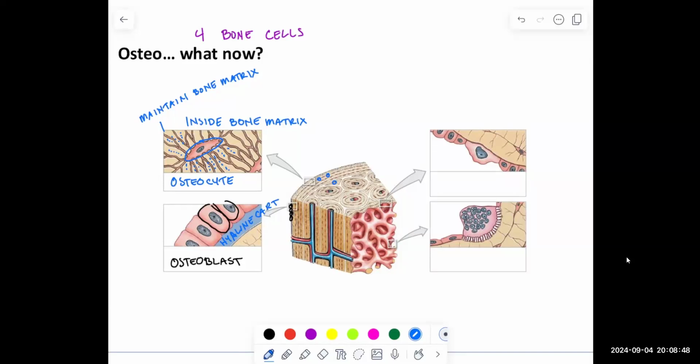So how do I want you to remember? B, blast. These build new bone. This is what you need for your bones to grow. Children have very active osteoblasts. That's what allows them to grow.